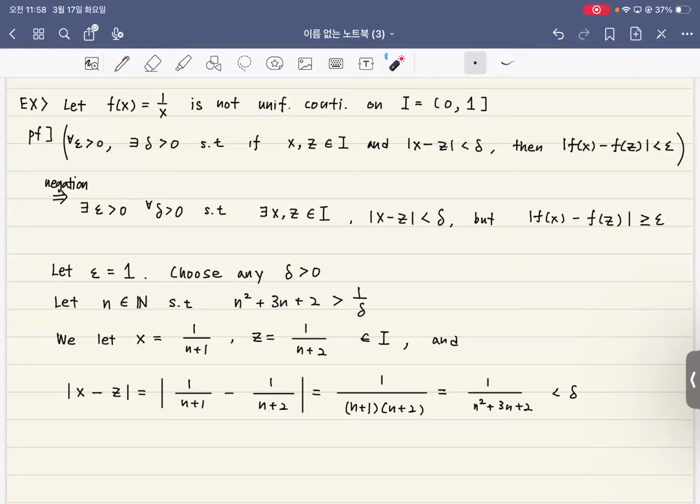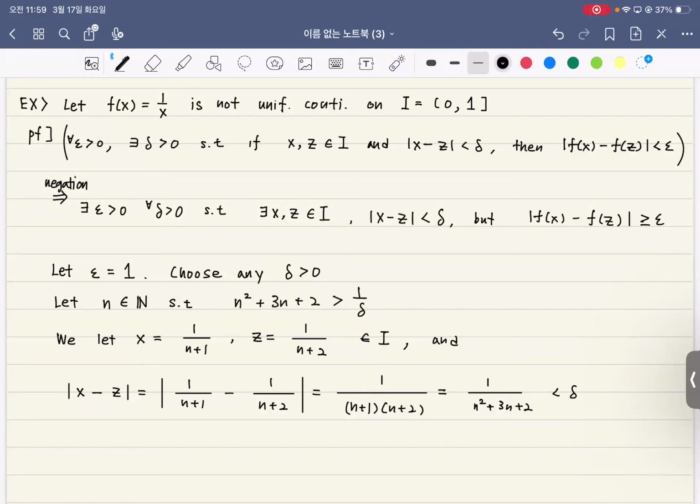So here, what I'm trying to show is this. For any delta, I can find two points from the interval, x and z, that are close to each other by less than delta.